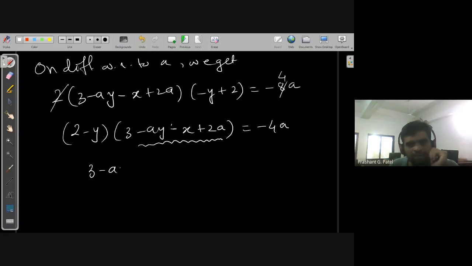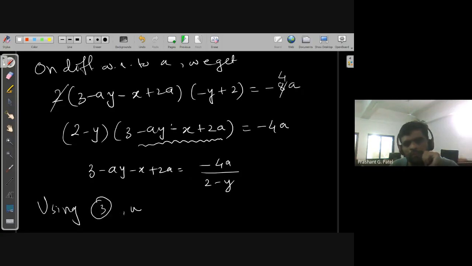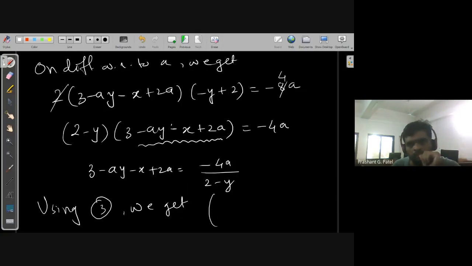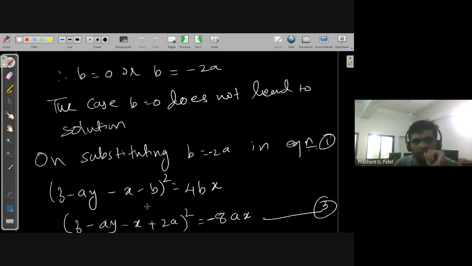So z minus ay minus x plus 2a is equal to minus 4a upon (2 minus y). So using 3 we get, you see that it is square of this, minus 4a upon (2 minus y) whole square is equal to minus 8ax. So what I did, I just substituted this value here.